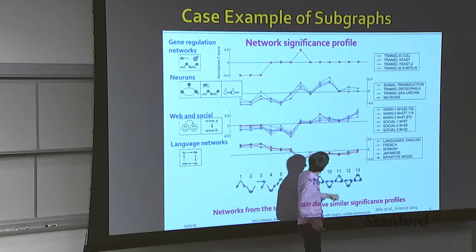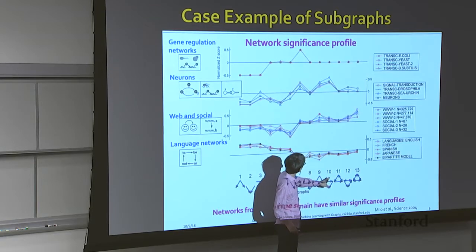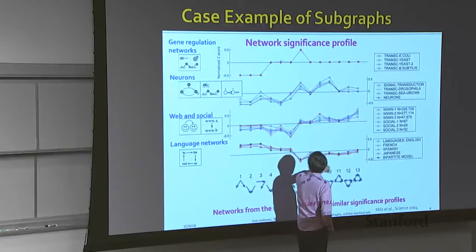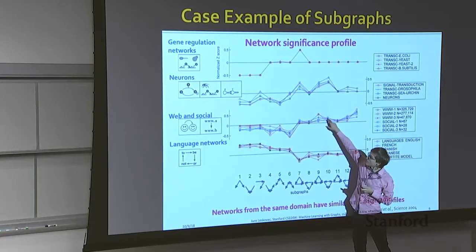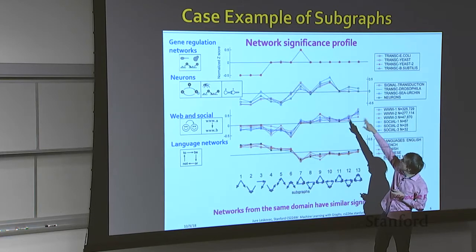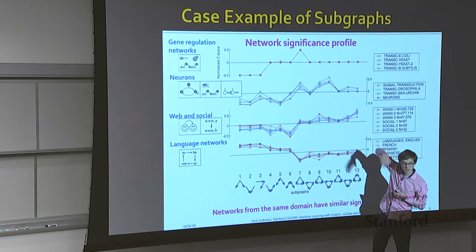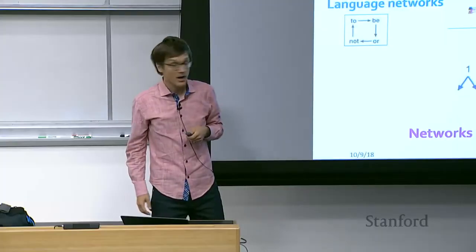While, for example, this type of structure number 10 is slightly underrepresented in language networks, overrepresented in web and social, very significantly overrepresented in neurons, and at about 0, which means not underrepresented, in gene regulatory networks.